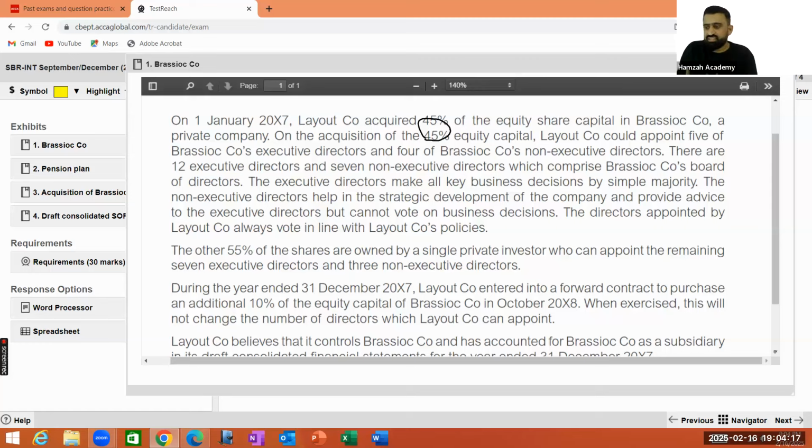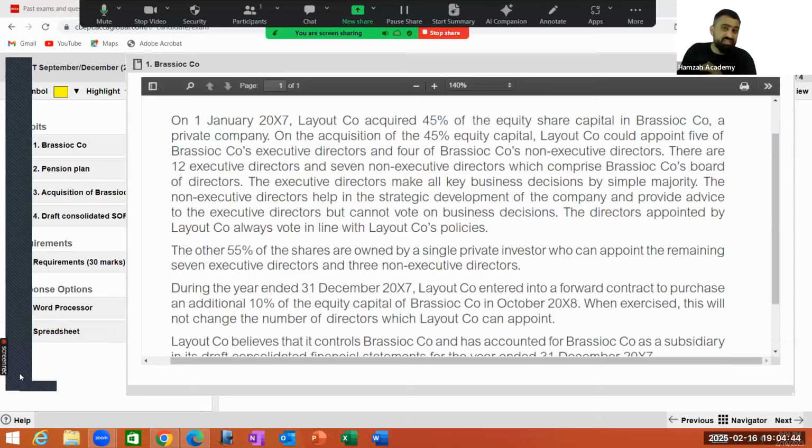So that is the issue relating to the first requirement and first exhibit, in which we just need to discuss why the Layout company does not have control over the B company as per the definition of IFRS 10. Okay, so that was the first question, and this type of question is normally tested nowadays in SBR.